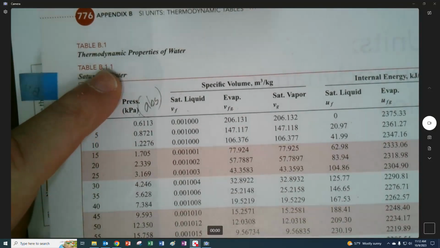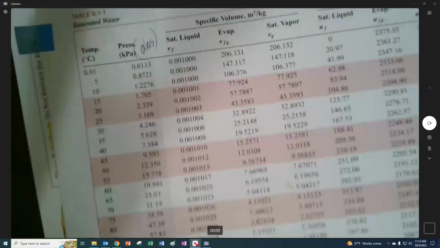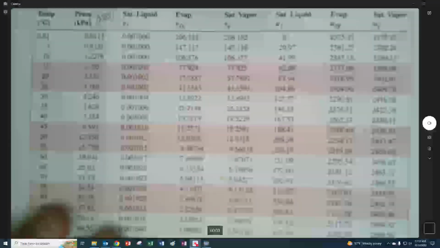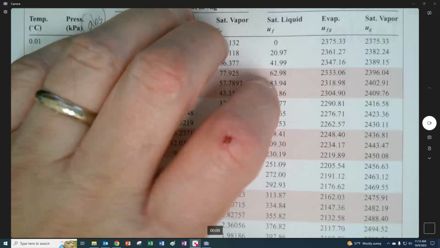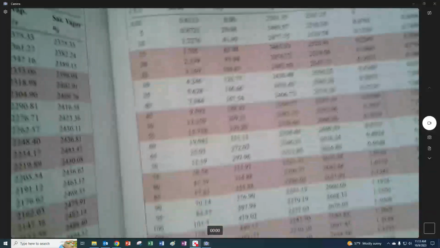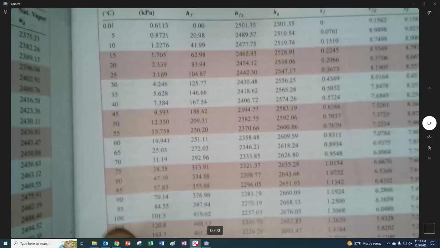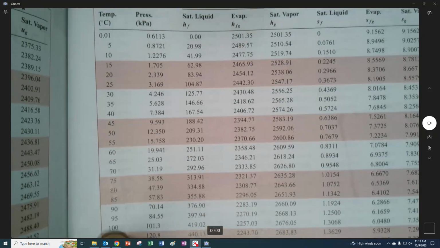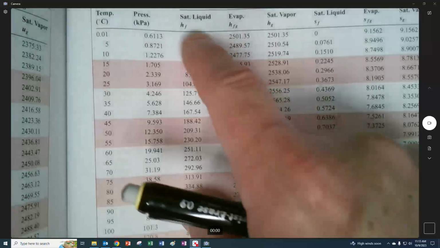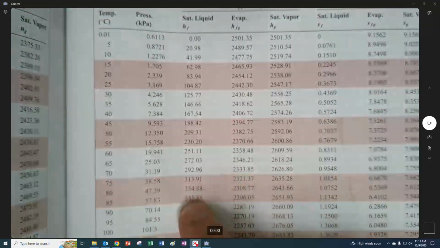All right, so here we are, table B.1, and we come down here, and this internal energy is on this side. Never mind my knuckle. That was gross. There's 100 degrees Fahrenheit. No, excuse me, Celsius. And what we want is the fluid enthalpy right here.